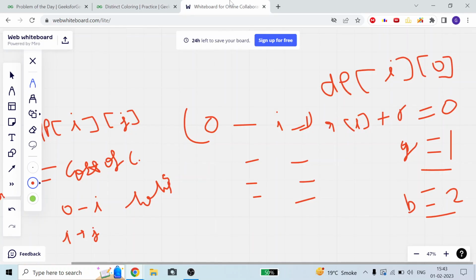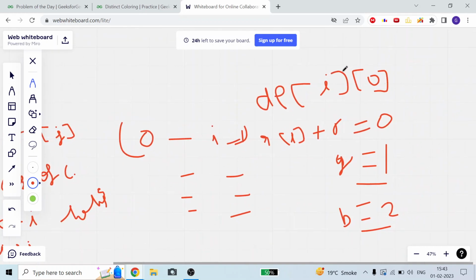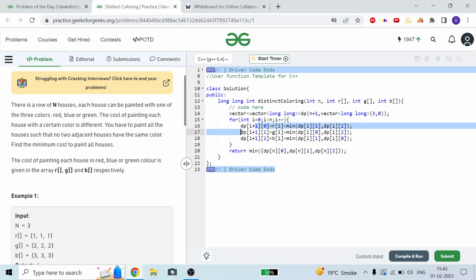That's why I have to represent i with i plus 1. So i minus 1 will be represented by i. Here you can see this is i plus 1, this is i, and at last I will return the minimum of coloring all the houses: 0, 1 or 2.